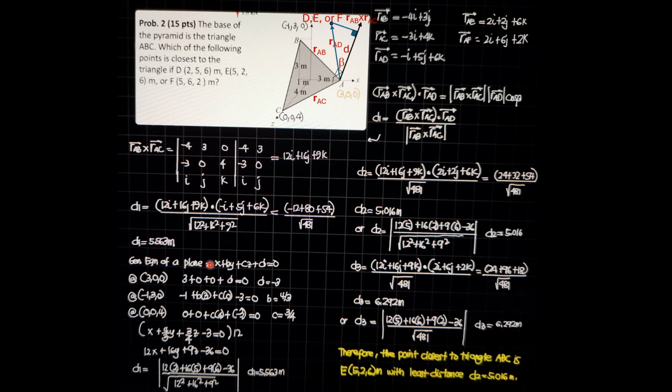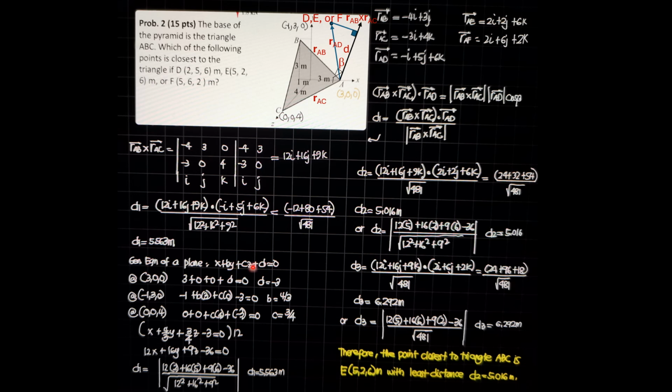Another way of computing distance 1, the distance from a point to a plane. This is the general equation of a plane, Ax plus By plus Cz plus D equals 0. Dividing everything by A, we denote B over A as small b, C over A as small c, and D over A as small d.